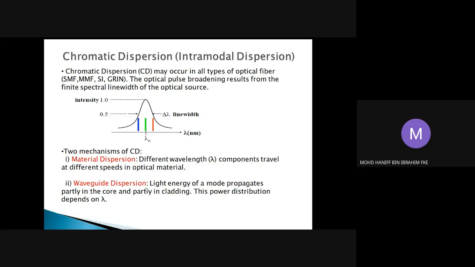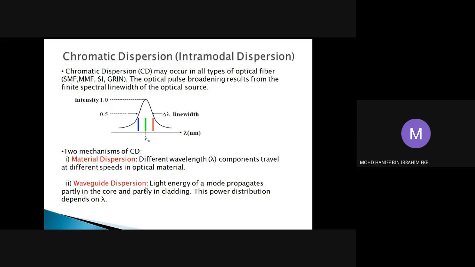Okay, let's proceed with intramodal dispersion. Intramodal dispersion is also known as chromatic dispersion. So there are two names for it: either we can call it intramodal or we can call it chromatic dispersion. This chromatic dispersion occurs in all types of fiber, which include single mode, multimode, and also graded or step index types.